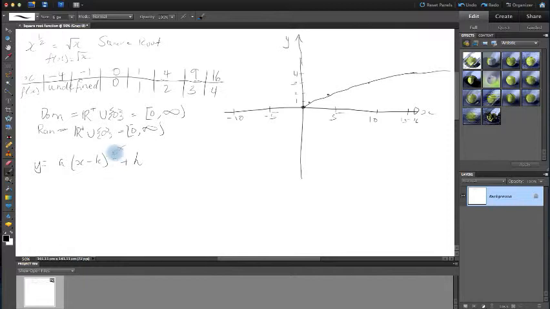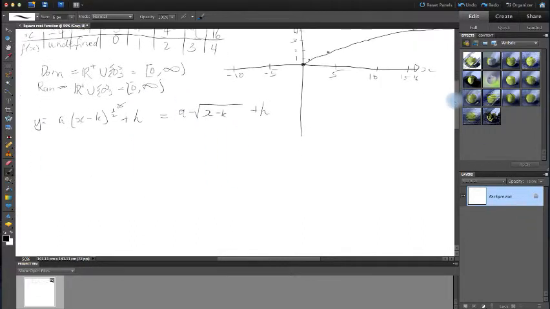So you'll know from this that actually things like quadratics are also power functions that we've already covered. Okay, now from our index laws, that's actually the exact same thing as if we had been writing a square root of x minus k plus h. There we go. So now let's just do a few examples using this general form and plotting graphs using it.